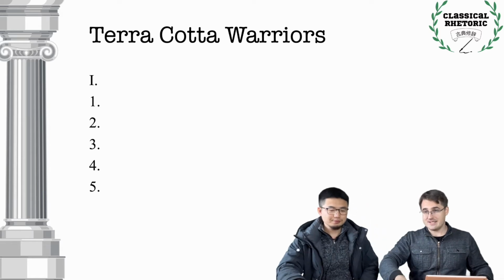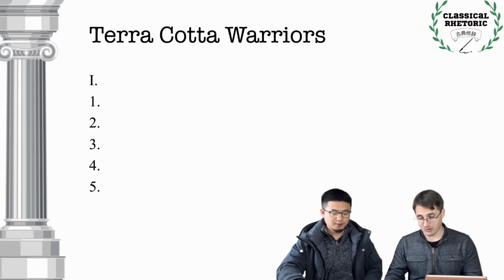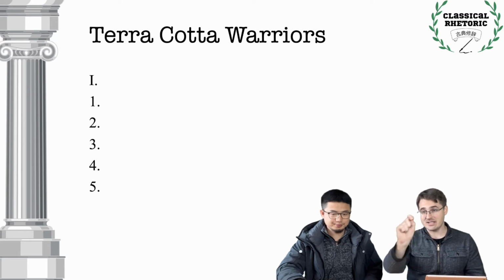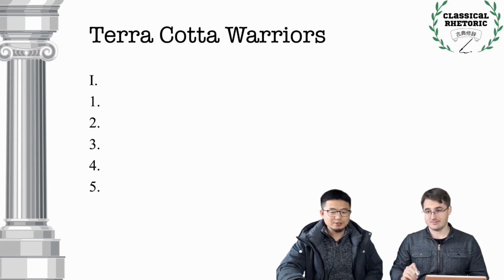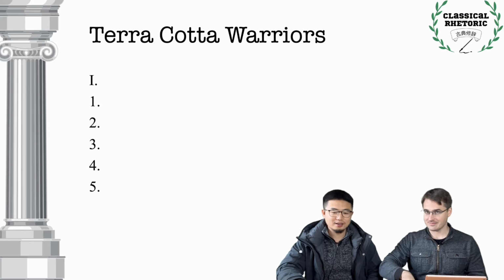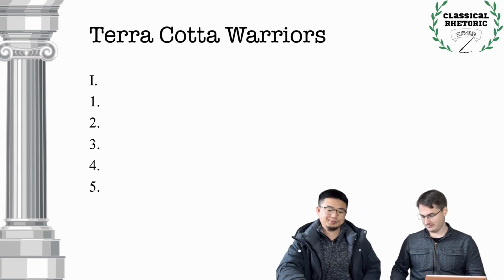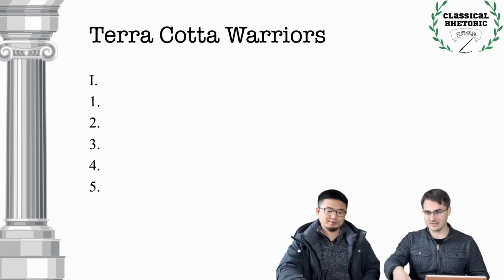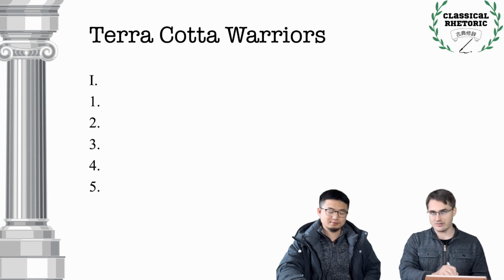Now I want you to take out a piece of paper and write exactly what you see. Okay, Terracotta Warriors at the top, and I, 1, 2, 3, 4, 5.